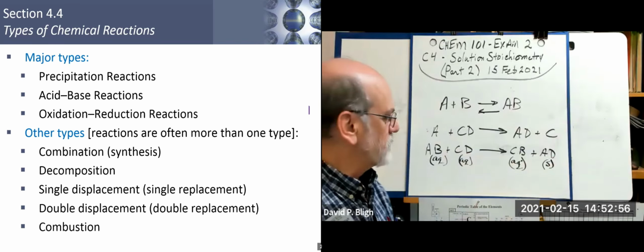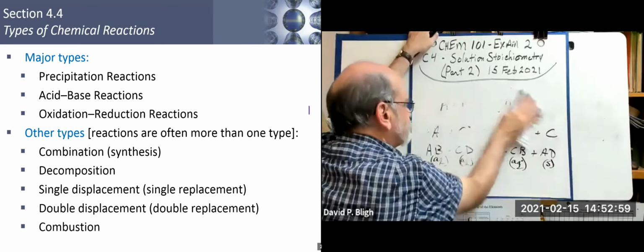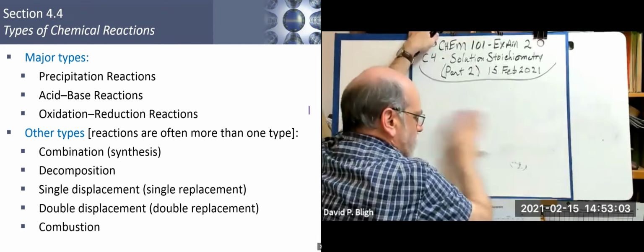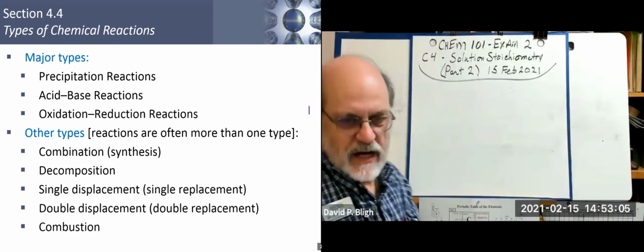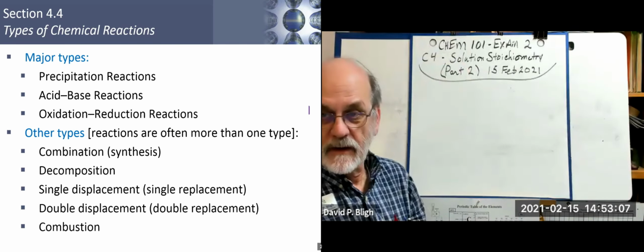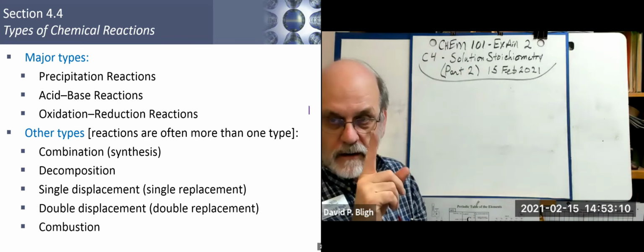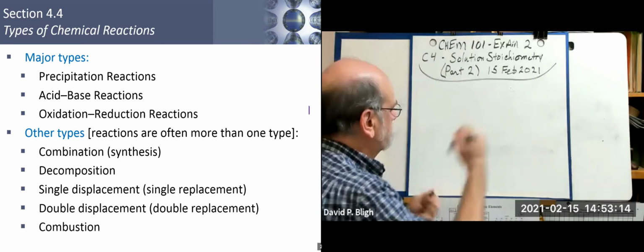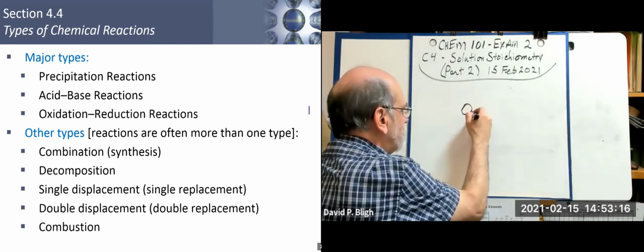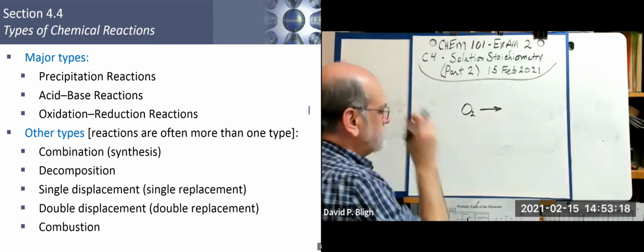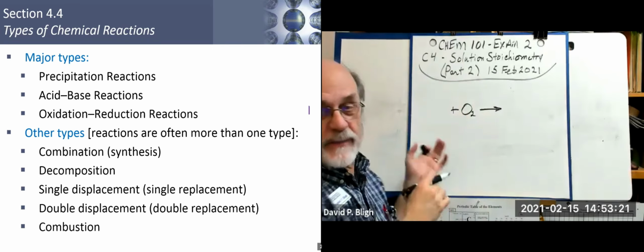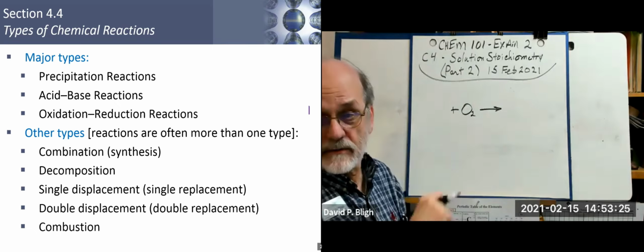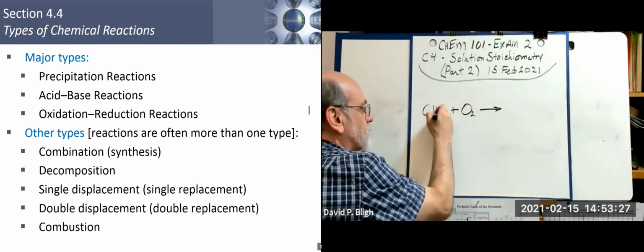Another type of reaction, combustion. A combustion reaction requires oxygen. It has to have oxygen. And then it has to have something that will react with oxygen. Your Bunsen burners, for instance, they'll have methane.